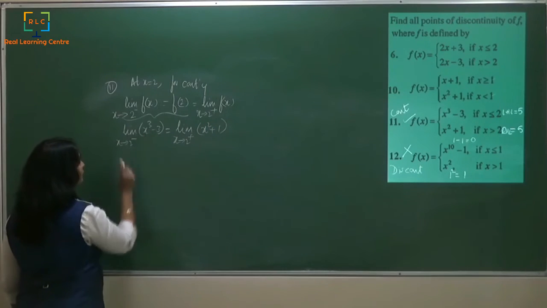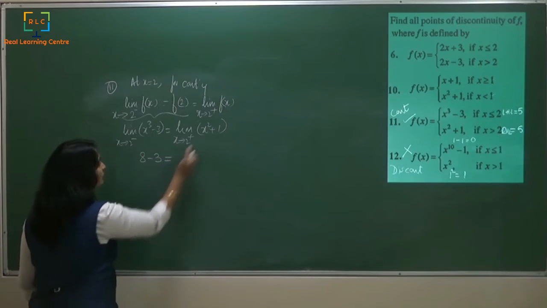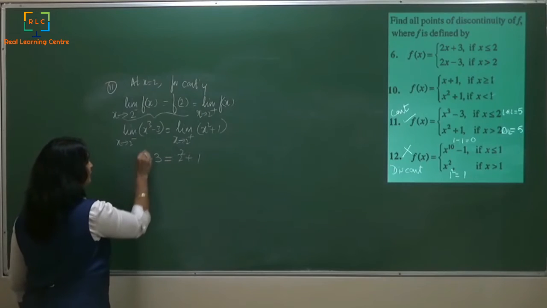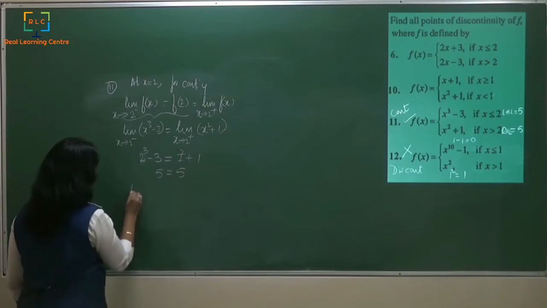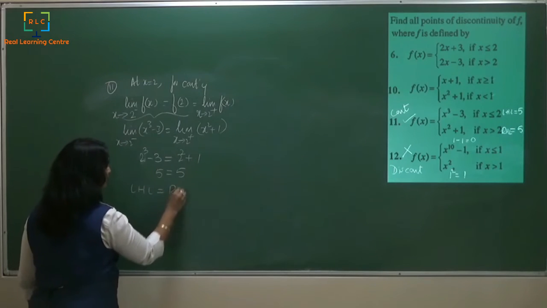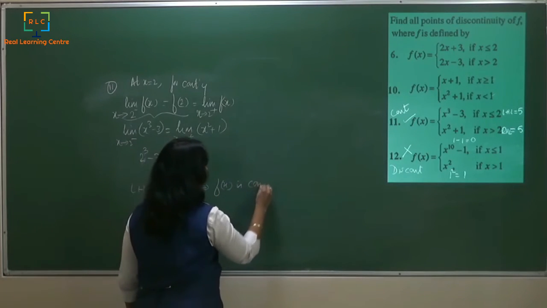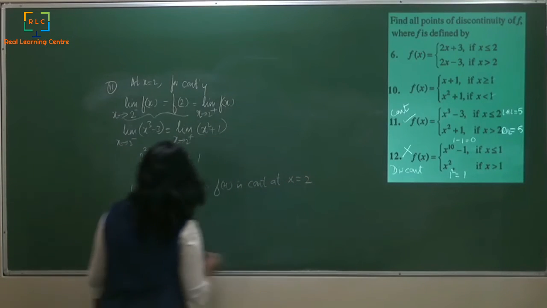So I'll plug in x is equal to 2. 2 cube is 8 minus 3 is 5. Here, 2 square plus 1, 4 plus 1 is 5. LHL is equal to RHL, which implies f of x is continuous at the discussed point x is equal to 2.